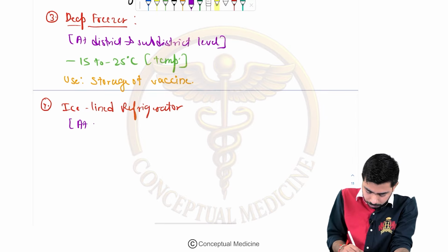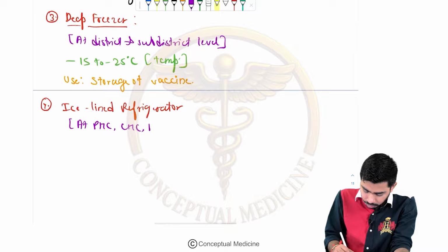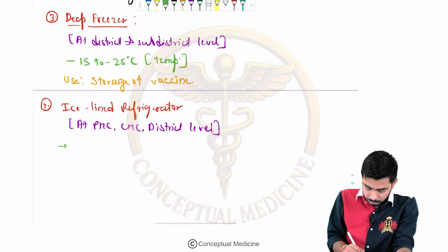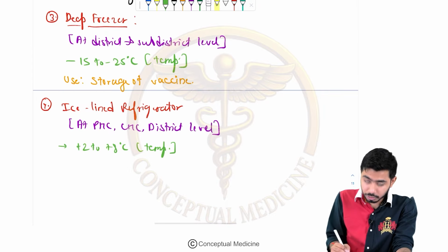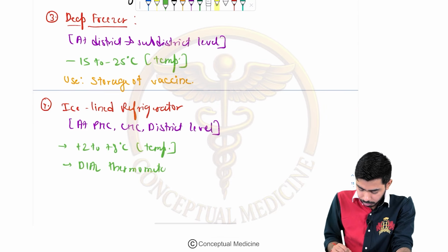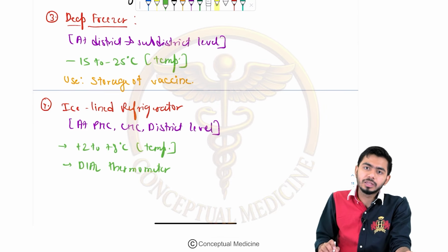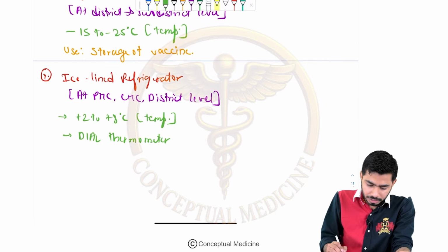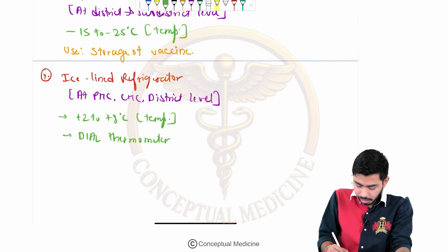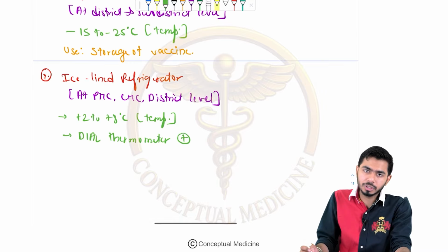The temperature we are using here is +2 to +8 degrees Celsius, and we are using an important measurement tool, that is the dial thermometer. Dial thermometer is present in the ice lined refrigerator, the ILR.